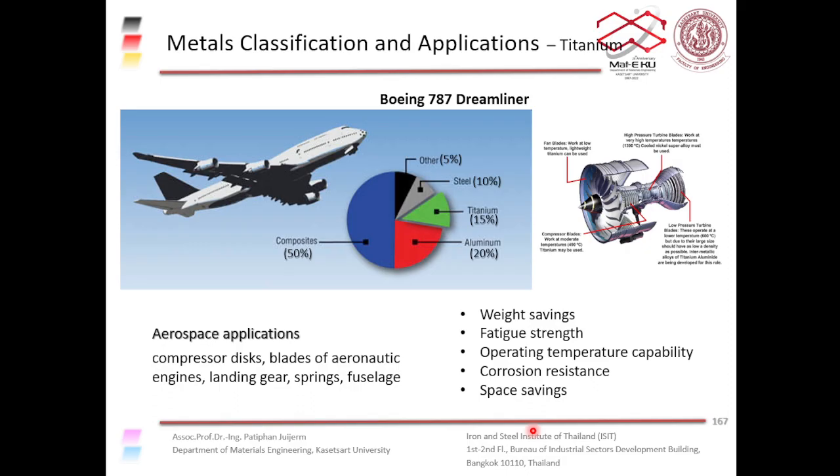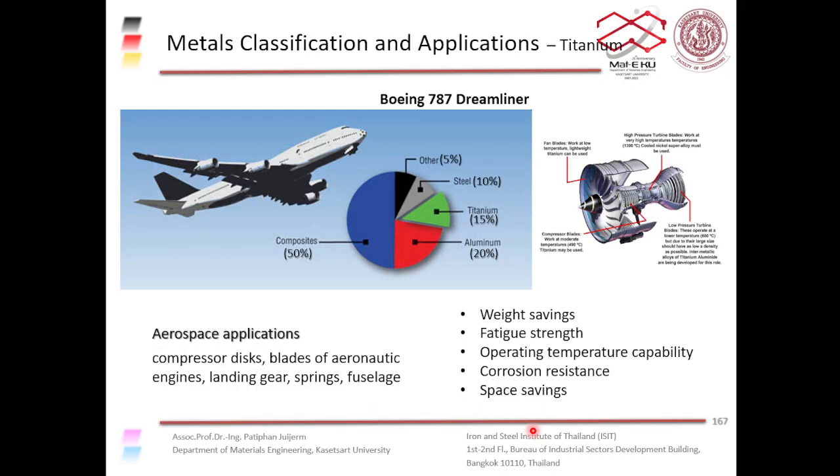To achieve about the same level of strength, you need thicker section for aluminum alloys, right? Because aluminum alloy is not as strong as titanium.